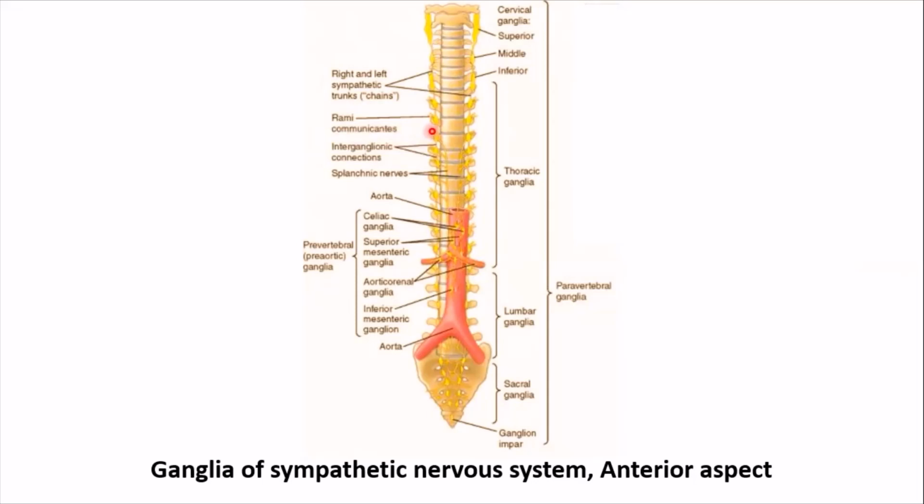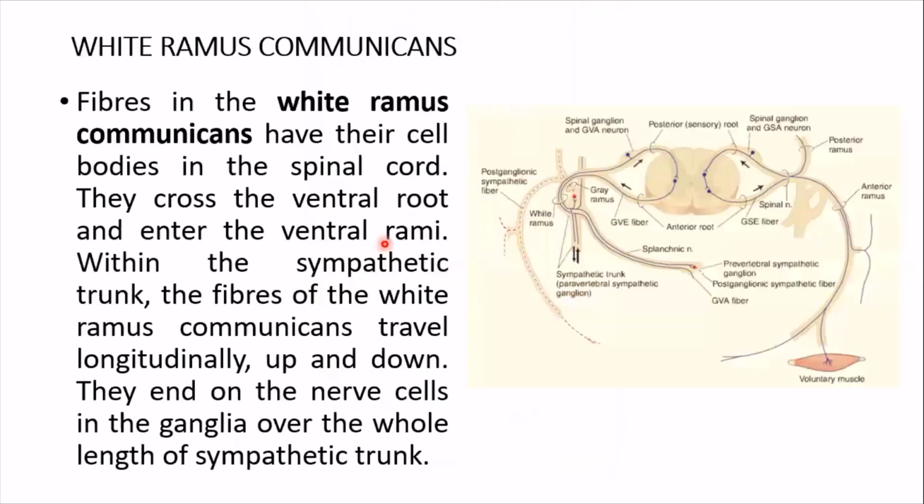I have to describe this in detail. These are the prevertebral or pre-aortic ganglia: celiac, superior mesenteric, aorticorenal, and this is the inferior mesenteric ganglion, right? This is a very beautiful picture.